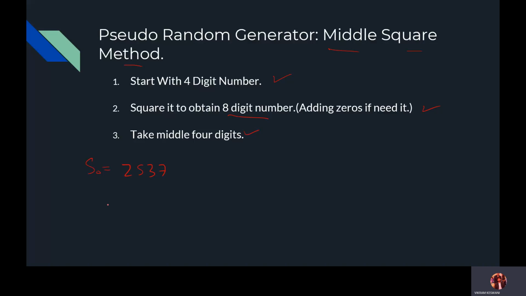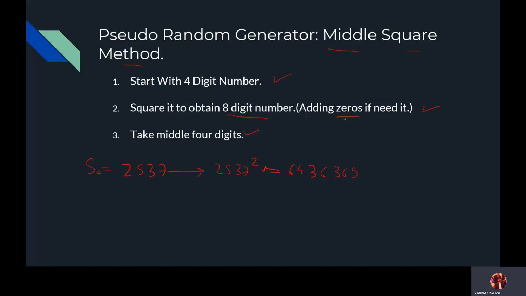Squaring this number, 2537 squared, gives us 6436369. It's already calculated in my notebook, so you can calculate it yourself and check if it's correct. If I have a 4-digit number, it will produce an 8-digit number. If not 8 digits, we add a leading zero as a prefix.